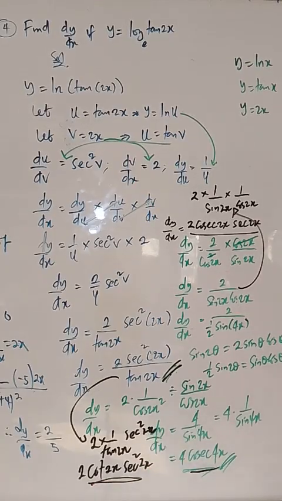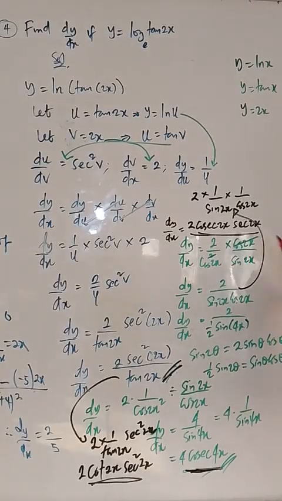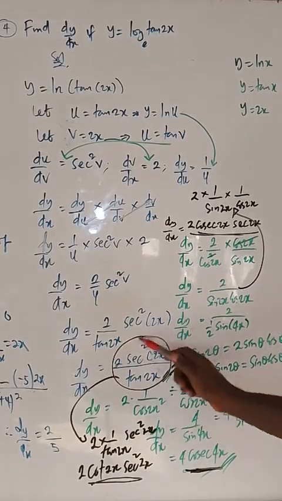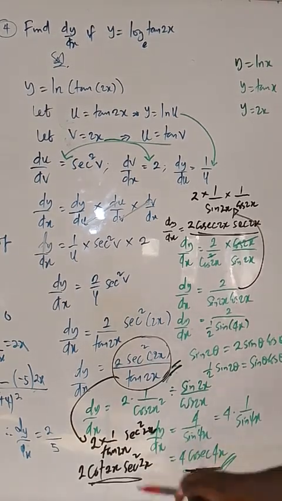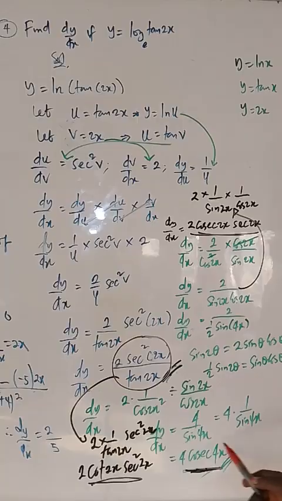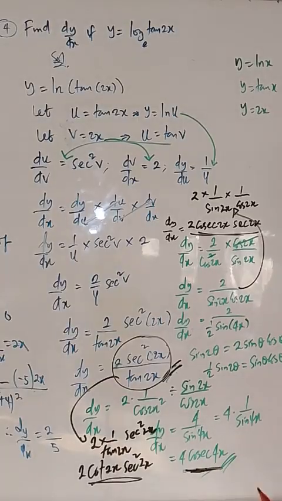So this answer is the same as this, the same as this, and the same as this one. So this can be written in 3 forms: 1, 2, 3.